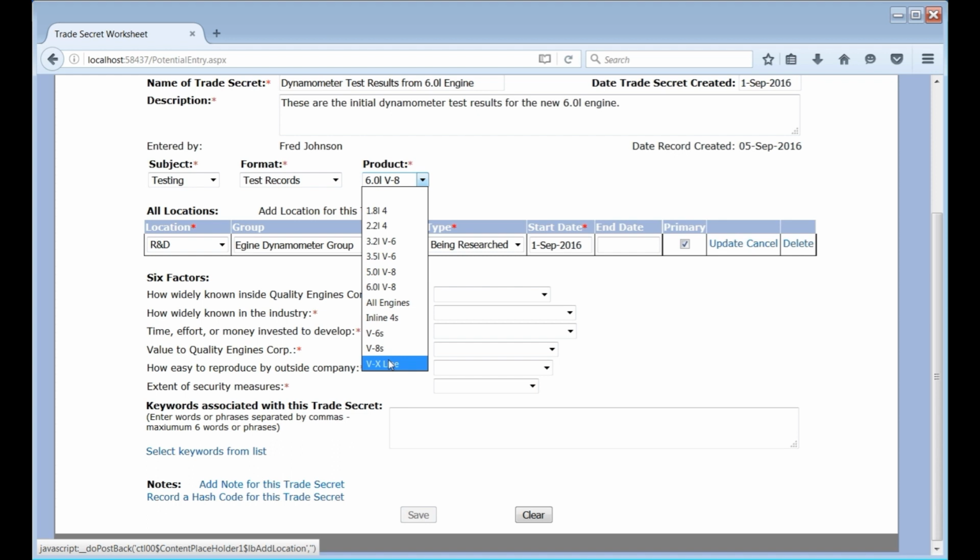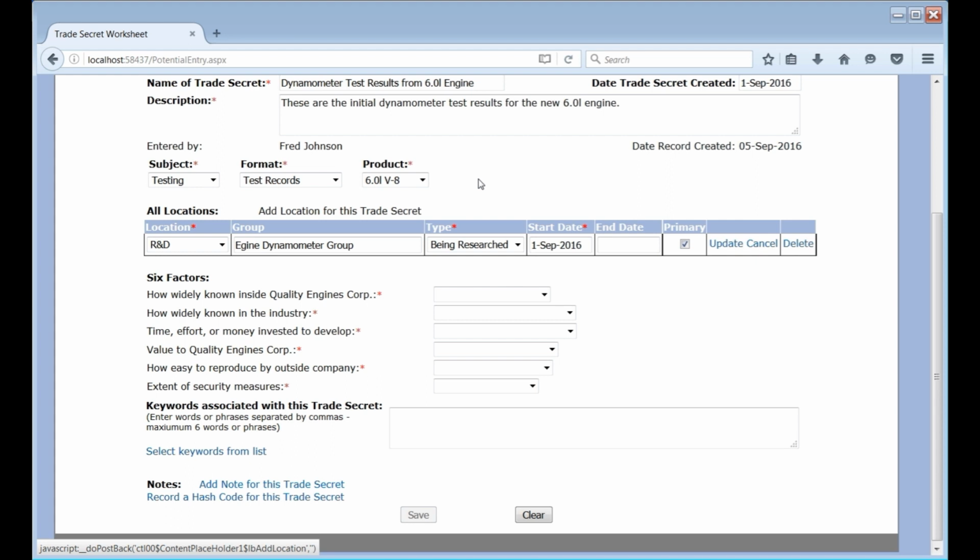The point about this is that this is the way people talk already in your organization. So it's, hey Fred, do you have those testing test records for the 6.0 liter? Or do you have the engineering specifications for the new carburetor? Do you have the production schedule for the 4 cylinders? We already talk like that inside the company.